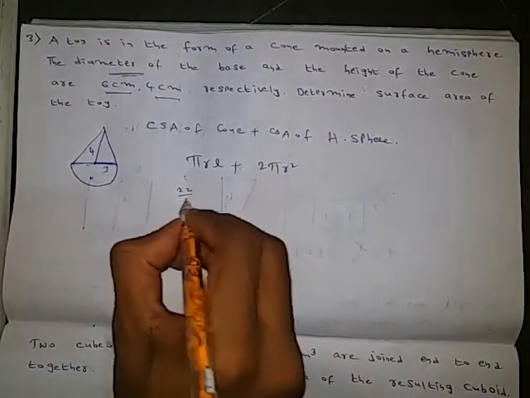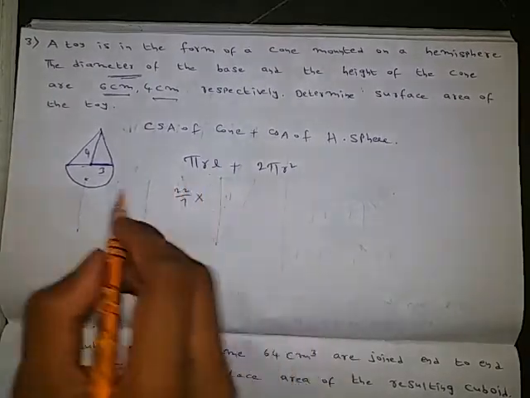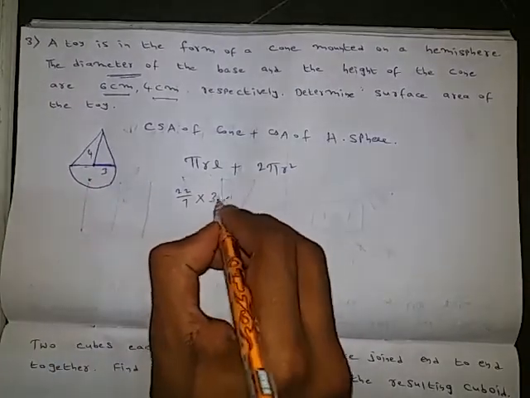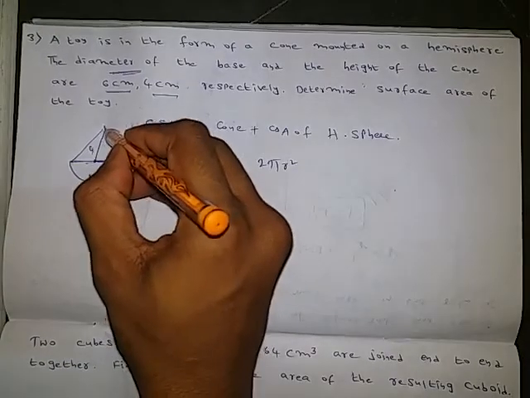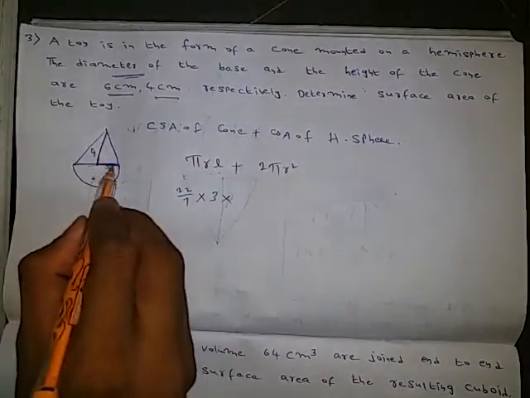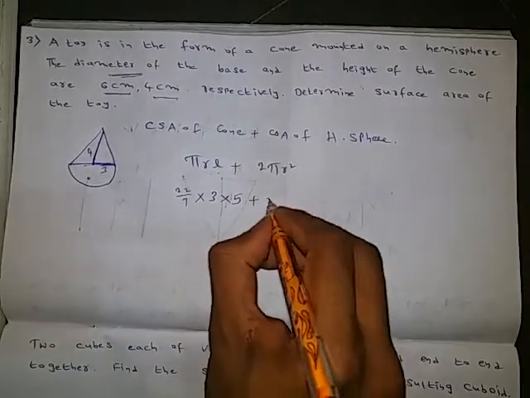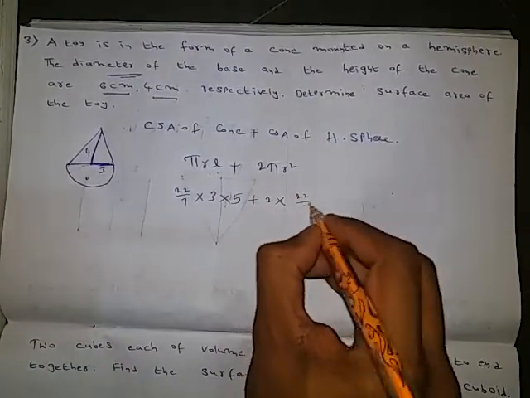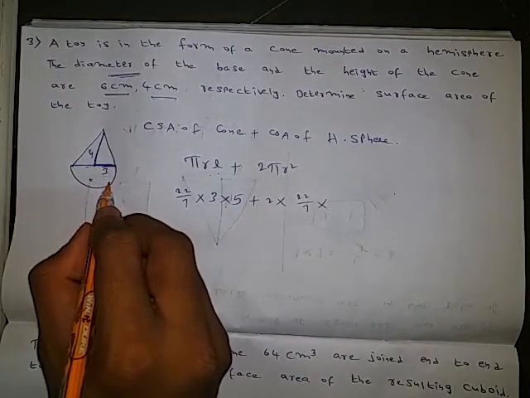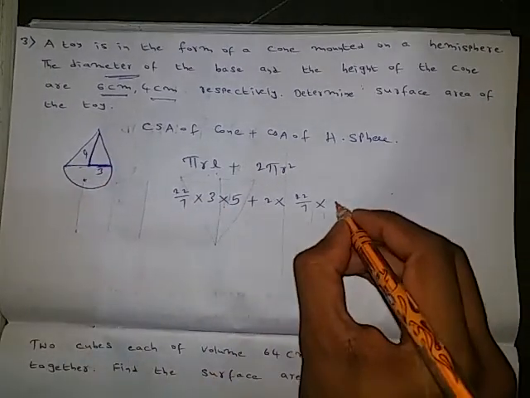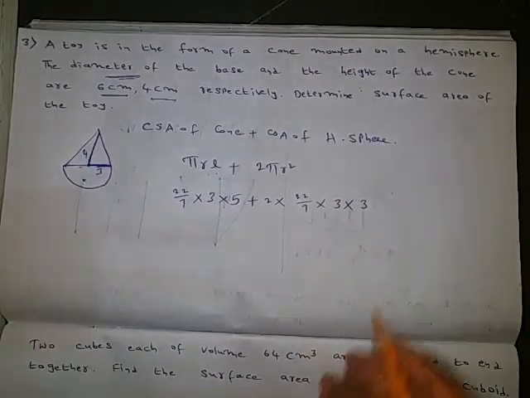Pi value 22/7 into radius of the cone, which is given as 3, into the slant height. Then what about the slant height? Already we know the triplets. Here 4 is there, here 3 is there, so it will be 5. Plus 2 into pi value 22/7 into radius. The radius of the cone is exactly equal to the radius of the hemisphere, so it is also 3, 3 into 3.